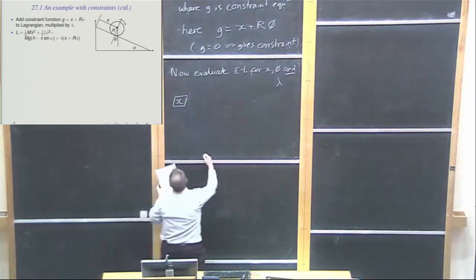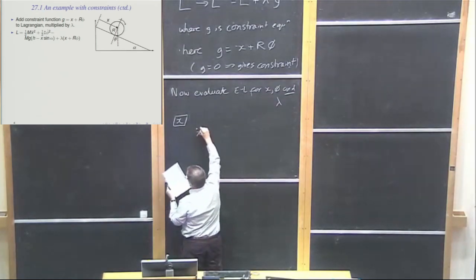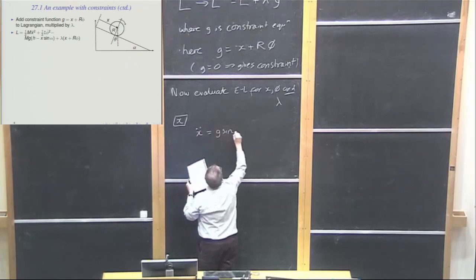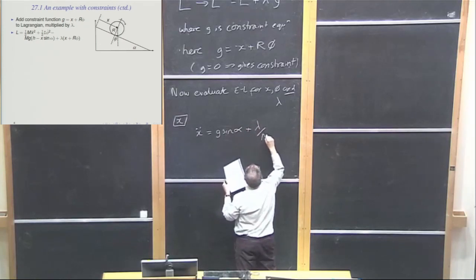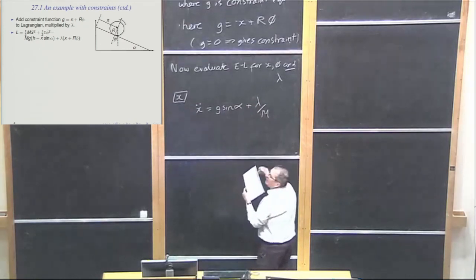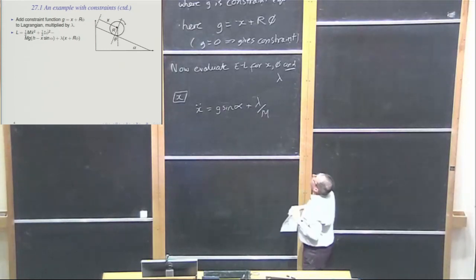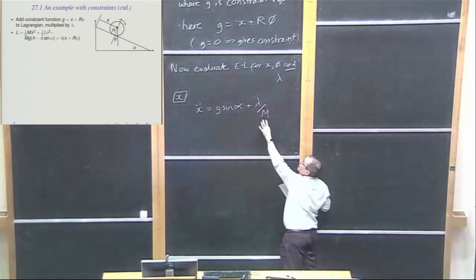So what one gets is x double dot equals g sine alpha plus lambda over m. I've divided through by m, but this is just the same as we had when we did it without the constraints, but now we've got this extra term here, right?